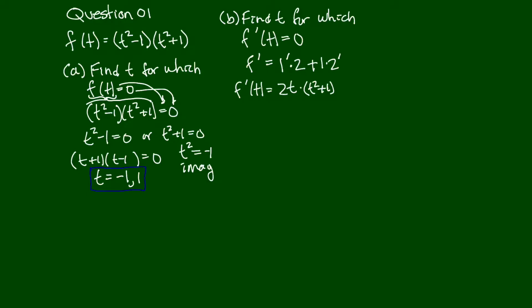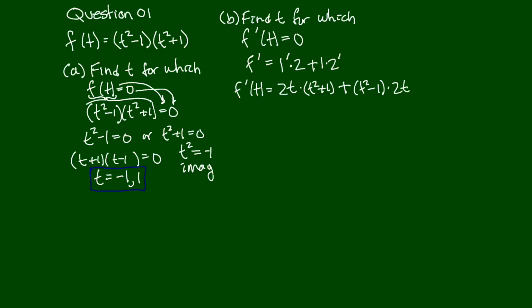And then plus the first factor, t squared minus 1, times the derivative of the second. Here's the second factor. This derivative is 2t, and then a 0 because that's a constant. So we're just going to get a 2t here.